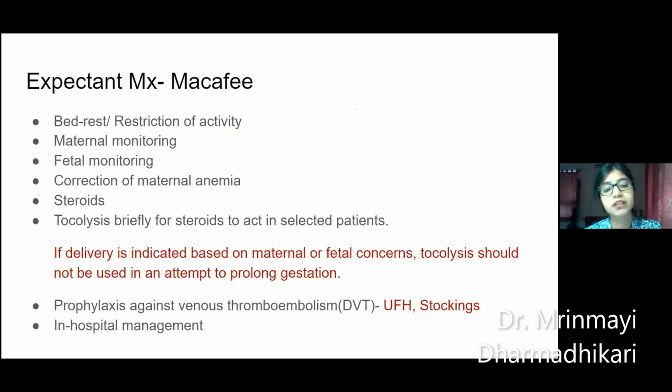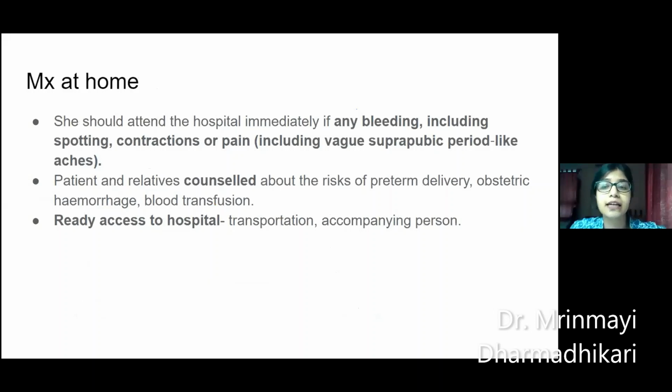Again, in-hospital management is very important, but after 48 hours of the patient having no bleeding per vaginum, patient is stable, the fetus is fine, you can discharge the patient provided you give her standing instructions as to when she should report back. Okay, so now I think this is a very important slide. All of you must pay attention to this.